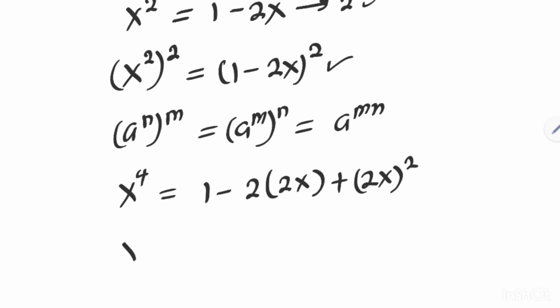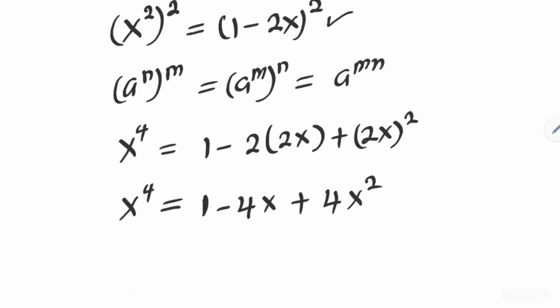Then this is x raised to power 4 is equal to, here if you expand this, we have 1 minus 4x, 2 times 2x, that's 4x, plus this can be written as 2 squared, we have 4, and x squared. Then x squared is equal to 1 minus 2x.